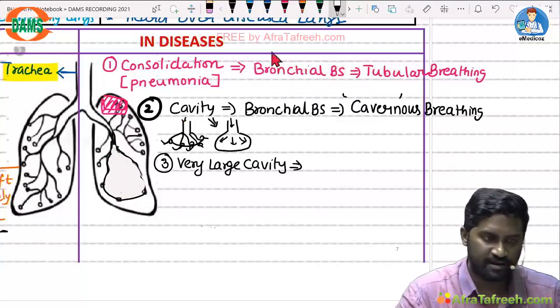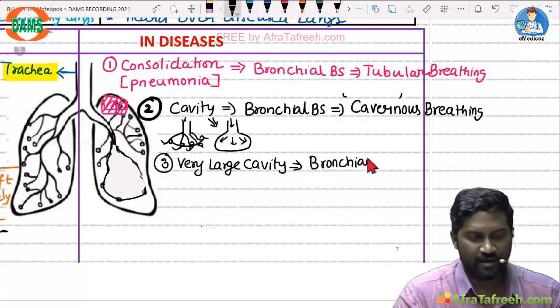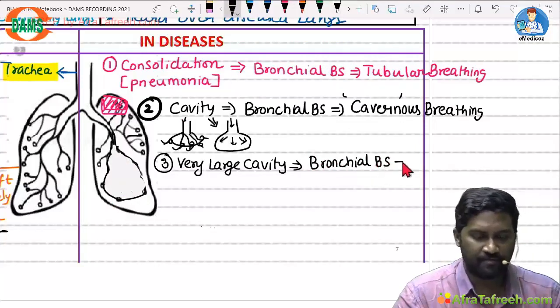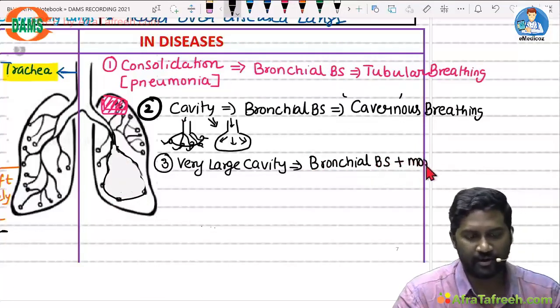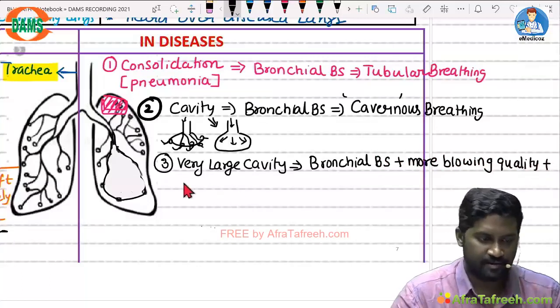In very large cavities, again there will be a bronchial breath sound, and this bronchial breath sound will have more blowing quality. Along with that there can be a metallic quality also.